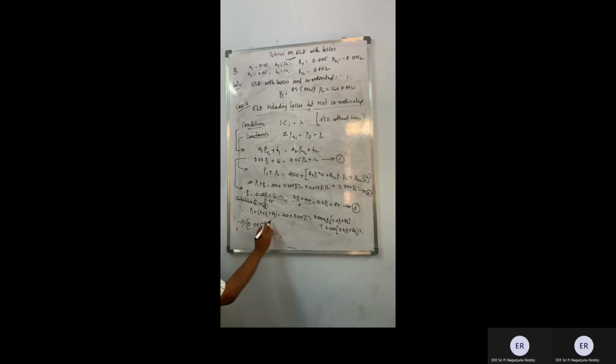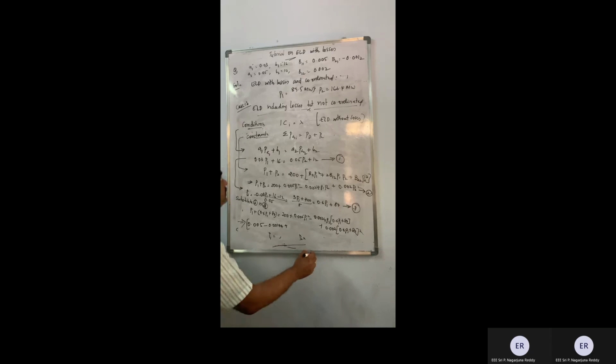Here also there will be a P1 square term. We'll try to solve this equation. But if you solve this one, you will be getting the values of P1 and P2.